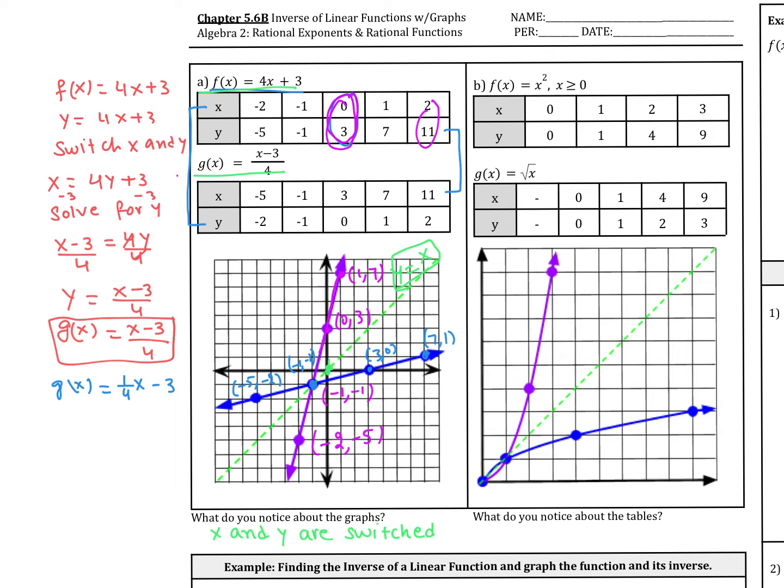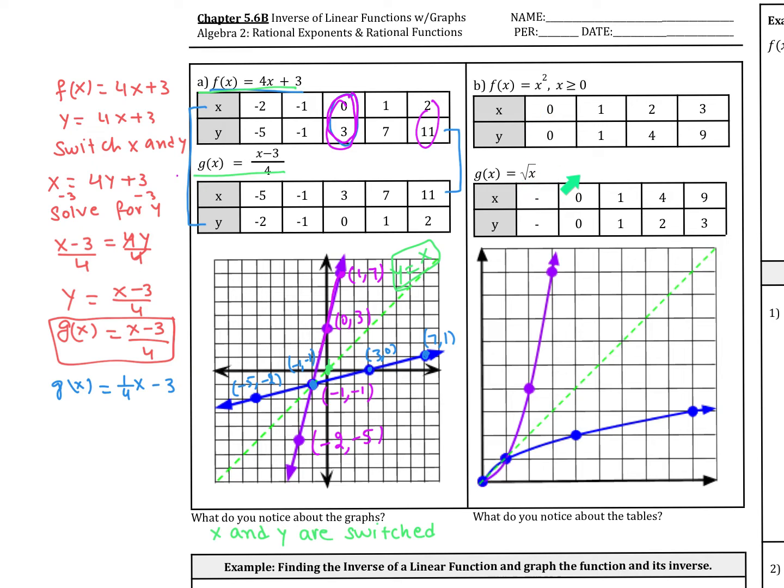For letter B, you have x squared. It's a square function, which means it's a parabola. You're going to analyze it the same way you analyzed this graph and the points. The points for this one are 0, 0, 1, 1, 2, 4, and 3, 9. The inverse of x squared is the square root of x.